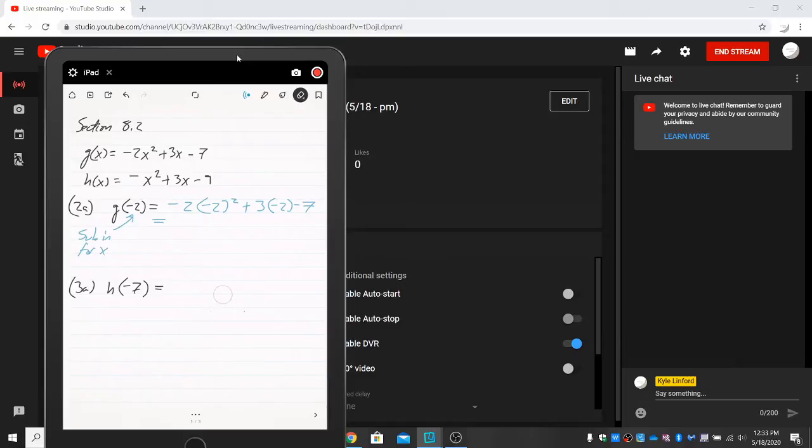So let me go ahead and write that down. That's negative 8. 3 and negative 2 is negative 6, and then a negative 7. One thing I want to point out that's special about these parentheses: by writing negative 2 in parentheses and squaring it, I'm indicating to square all of negative 2. That's different than if I did not write it in parentheses.